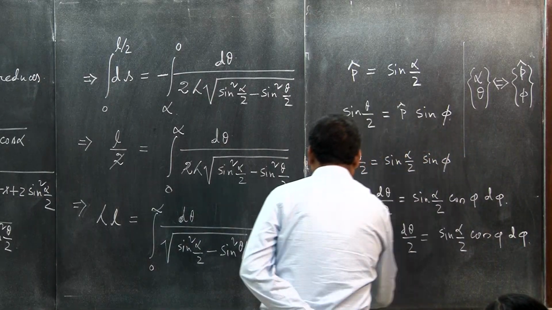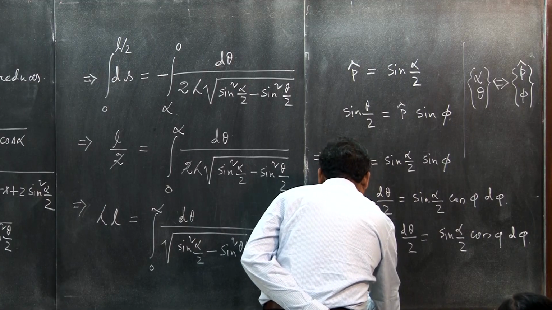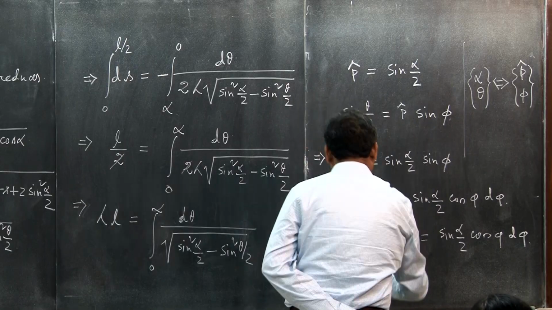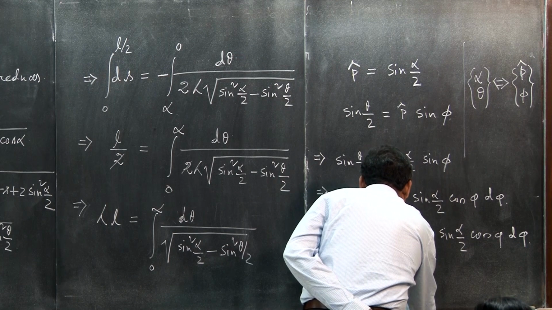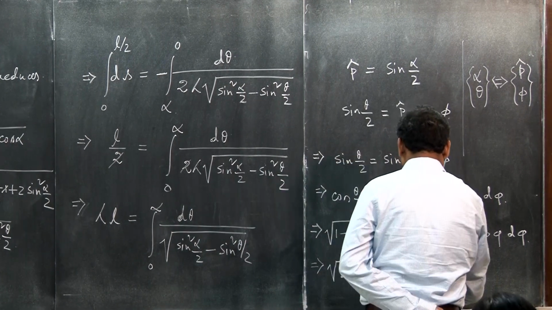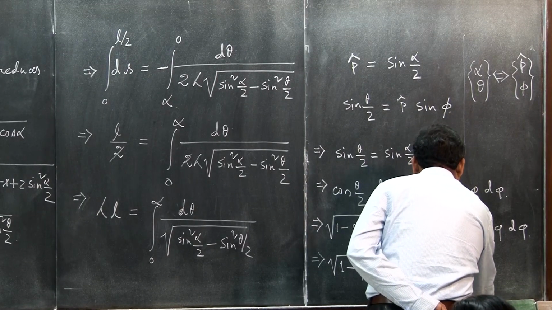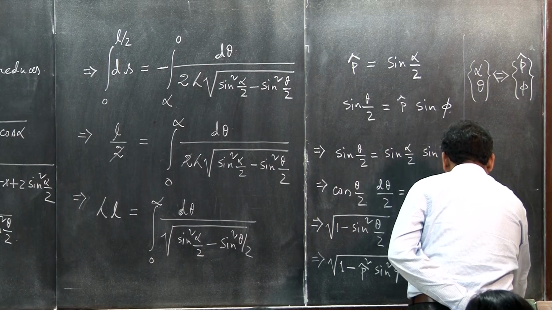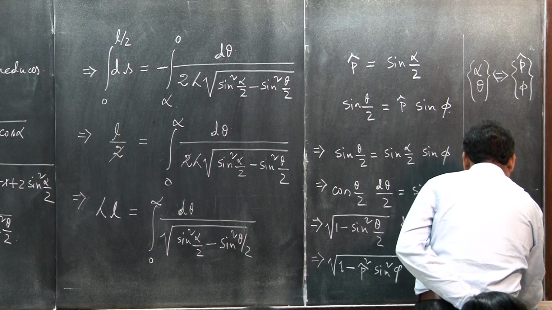Root 1 minus sin square theta by 2, with sin square theta by 2 being p square sin square phi, and sin alpha by 2 being p, and this is cos phi d phi.